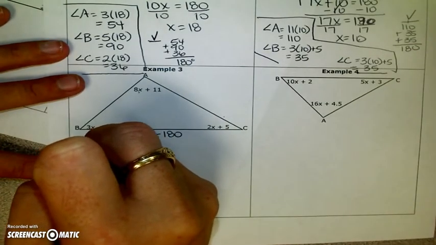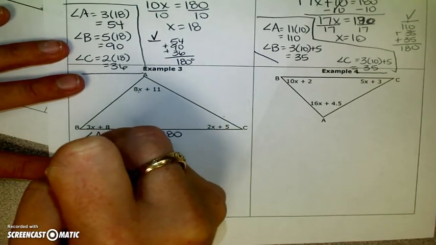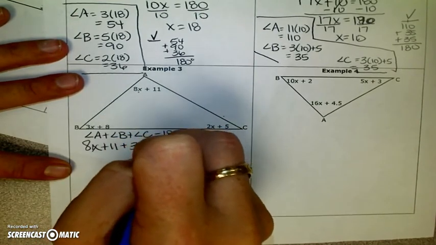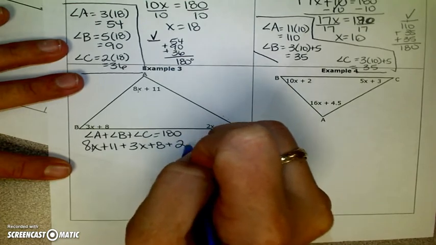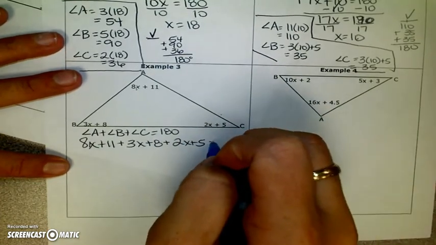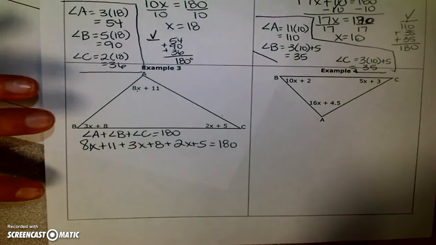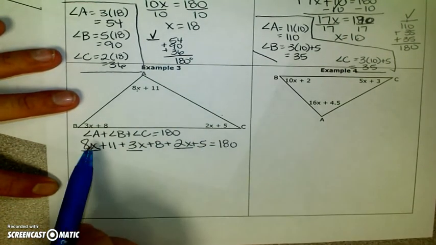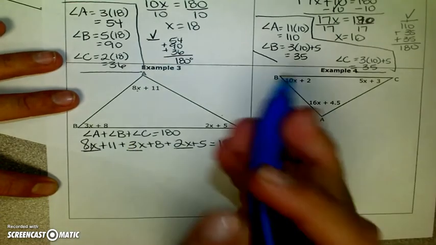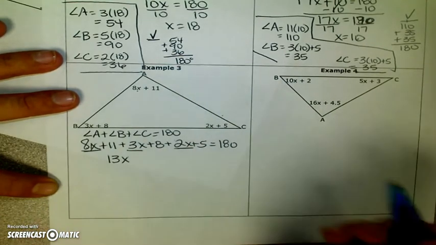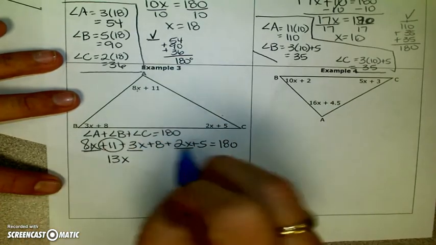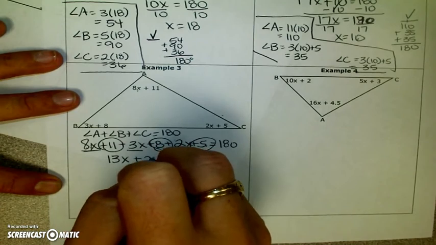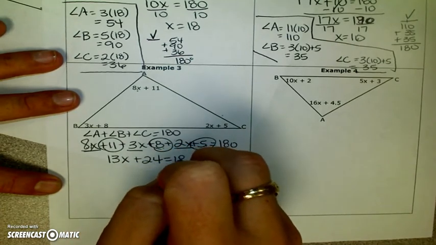Angle A is going to be 8x plus 11 plus angle B is 3x plus 8 plus angle C, which is 2x plus 5, equals 180. Now, underline all your x's so you can combine them. 8, 9, 10, 11, 12, 13. 13x. Circle your constants. 19 and 24, so plus 24, equals 180.